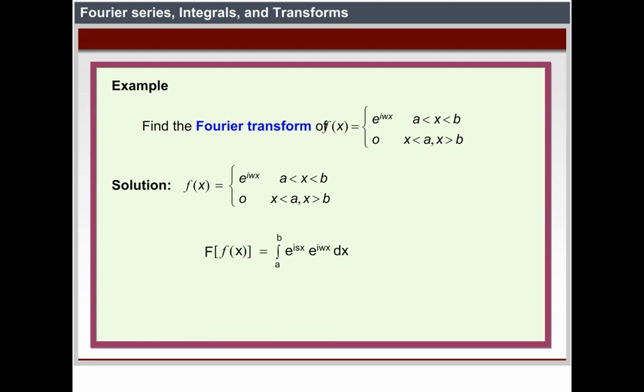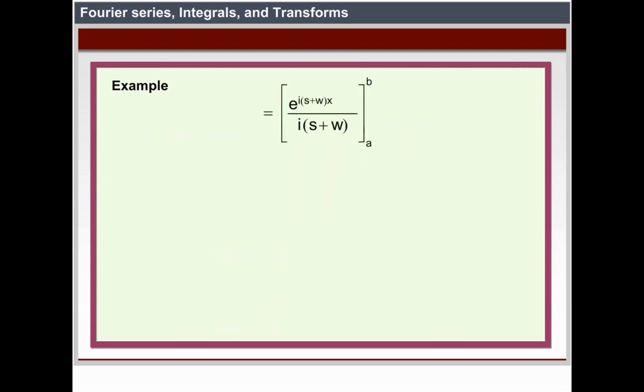Then F of f of x equals integral a to b e power isx into e power iwx dx, which equals integral a to b e power i into s plus w into x dx. After integrating we get e power i of s plus w into x divided by i of s plus w with limit a to b.